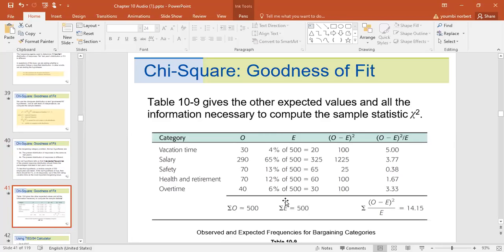So you want your observed to be L2 and expected L3. Now, make L1 equal to (L1 minus L2) squared.